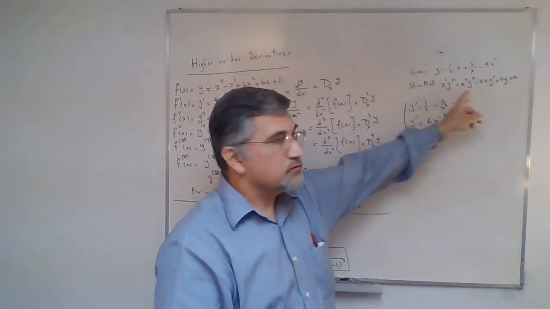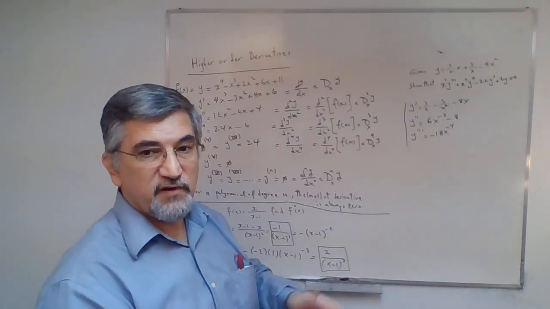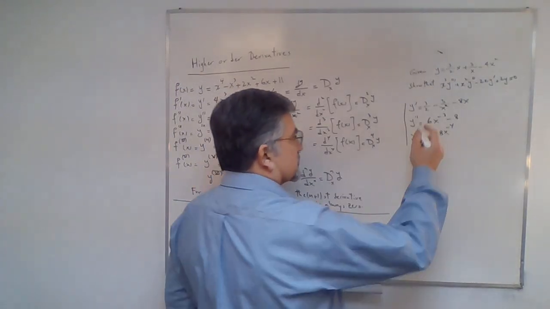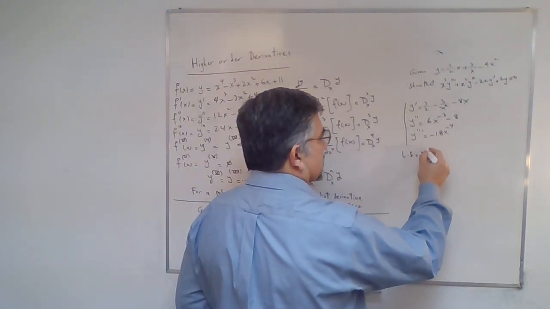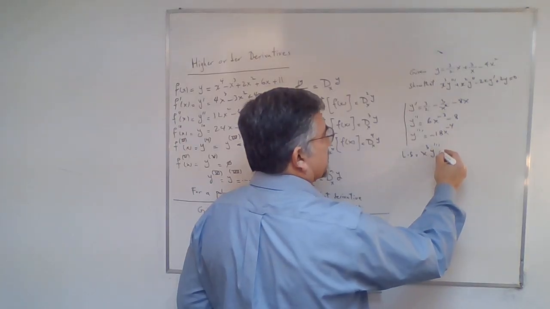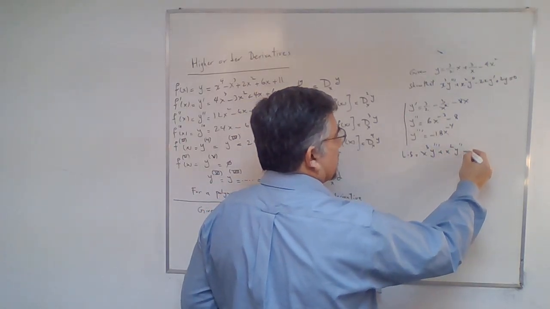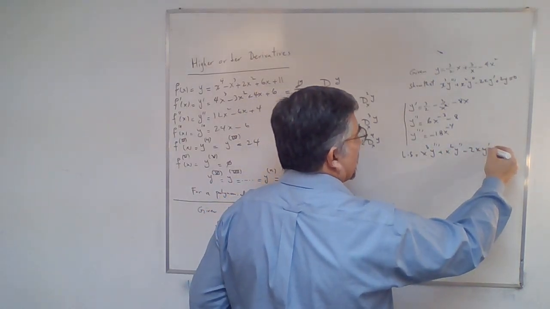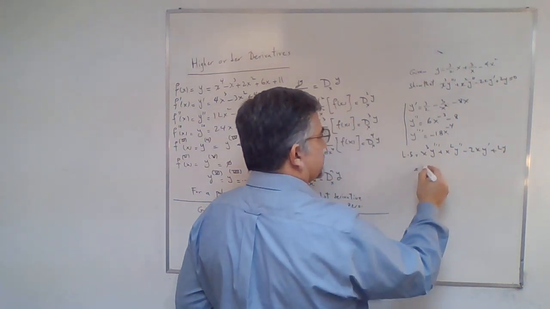And now we just have to do the substitution to see if we can prove left side equals right side or not. So we start with the left side, which is x cubed times y triple prime plus x squared times y double prime minus 2x times y prime plus 2y.